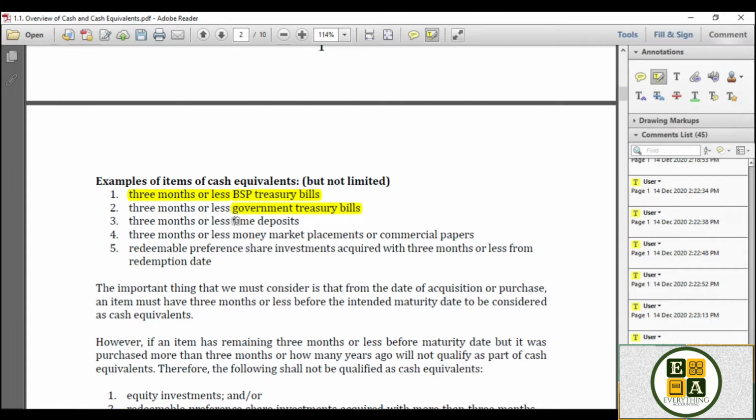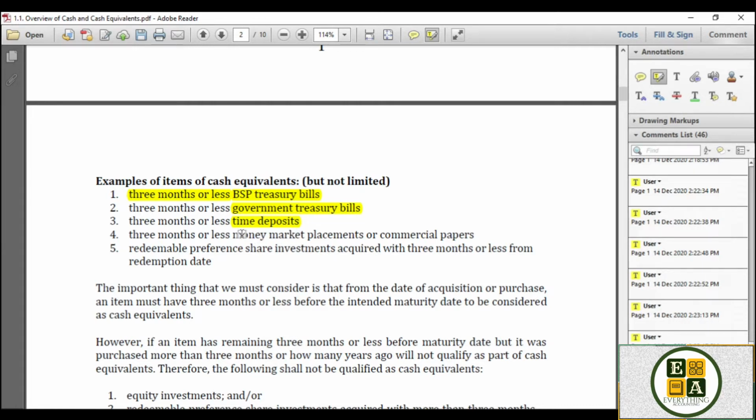Then we have yung time deposit. Time deposit is actually a bank deposit. However, meron actually certain number of months or period na pwede nating ma-access and magamit or ma-withdraw yung cash. Kaya nga tinawag siyang time deposit kasi may specific time.